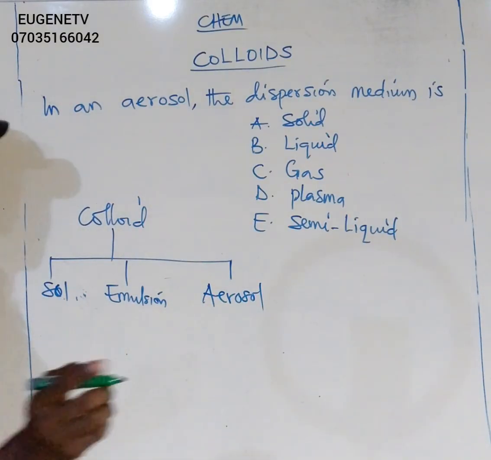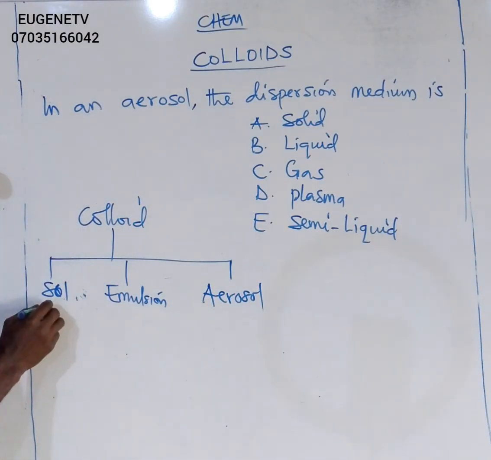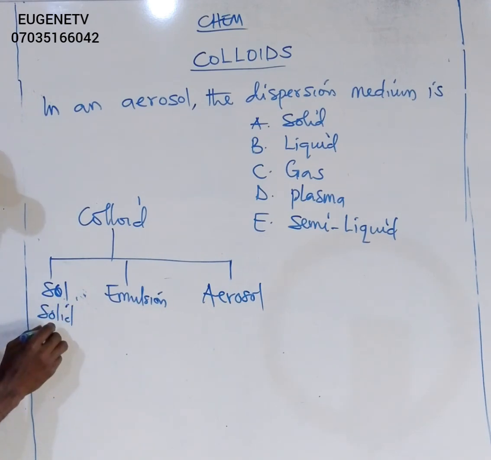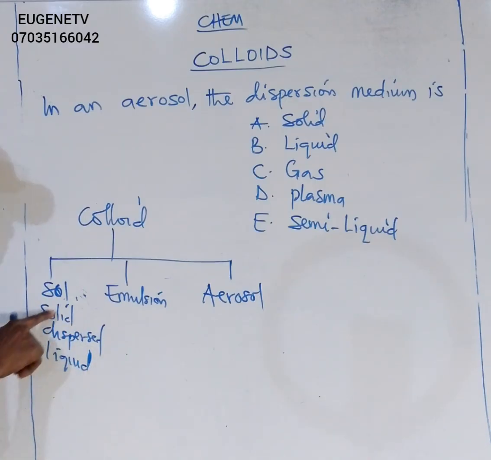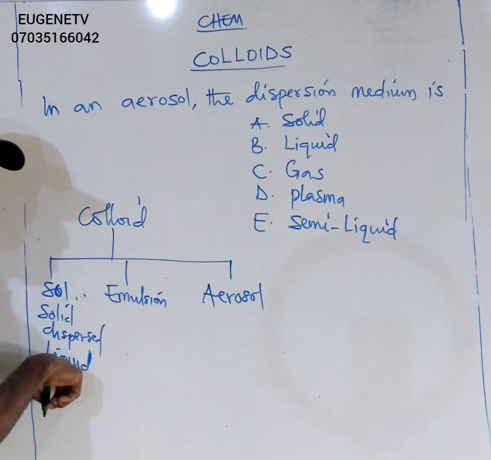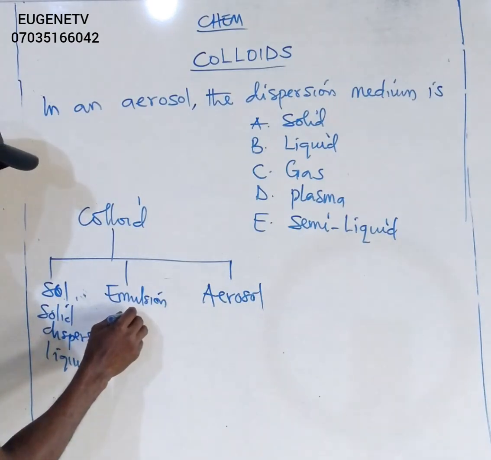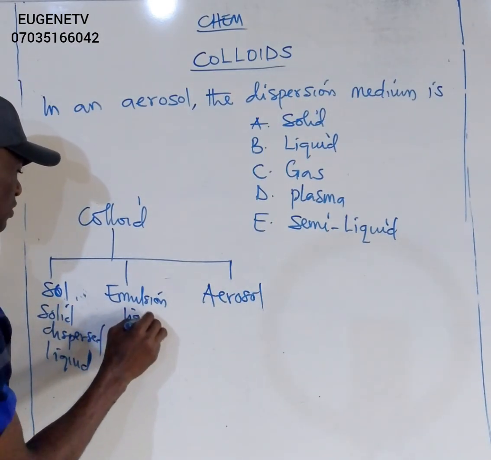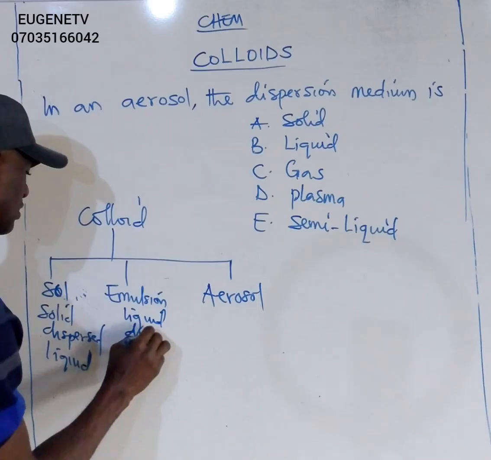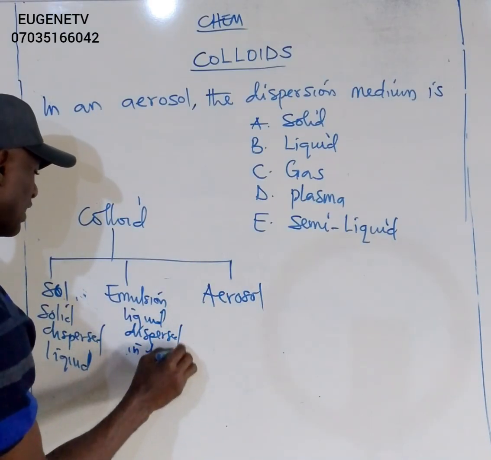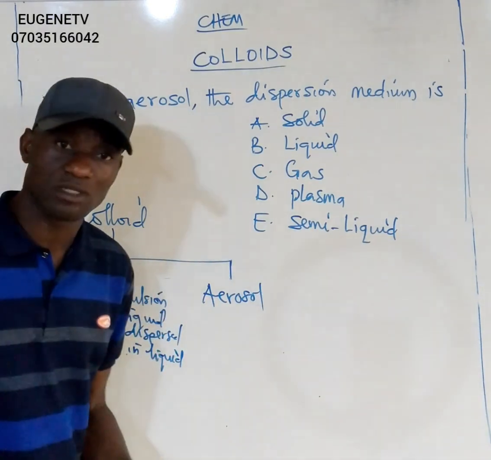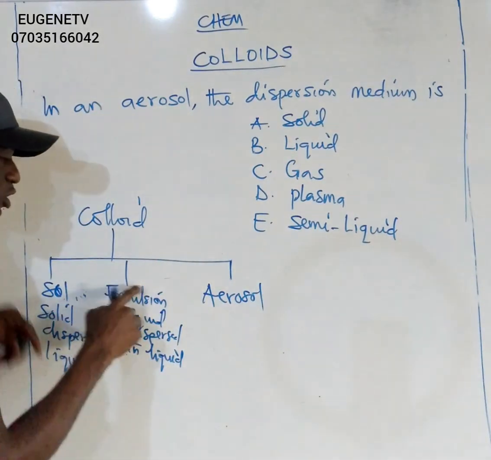Now, a solid is a type of colloid formed when a solid is dispersed in a liquid medium. Here, this is where we have a liquid dispersed in another liquid. When a liquid is dispersed in another liquid medium, it gives us what is called an emulsion.